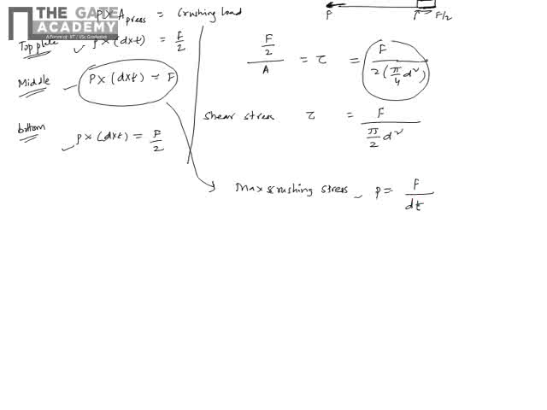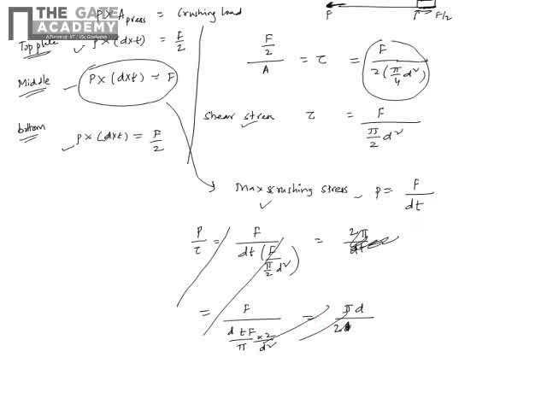Now I need to divide these two. What is asked is maximum pressure by shear stress. So F by d t divided by shear stress, which is F into pi by 2 d square. So F gets cancelled, pi by 2 is pi by 2, and d gets cancelled by t.